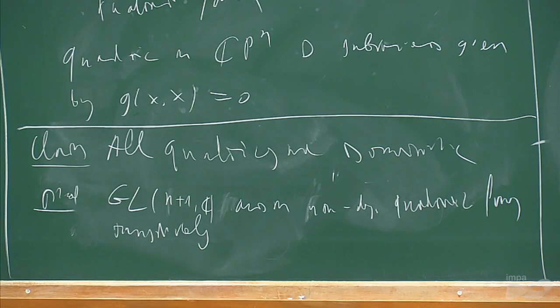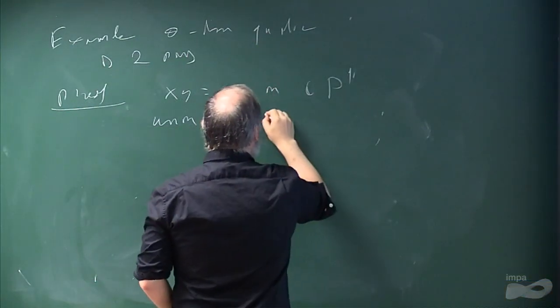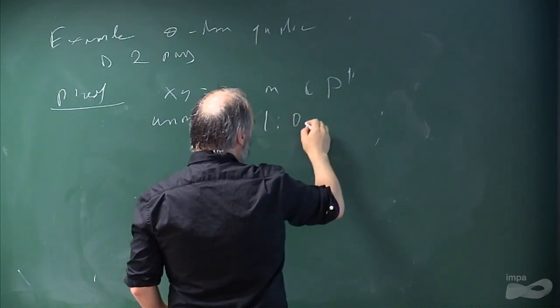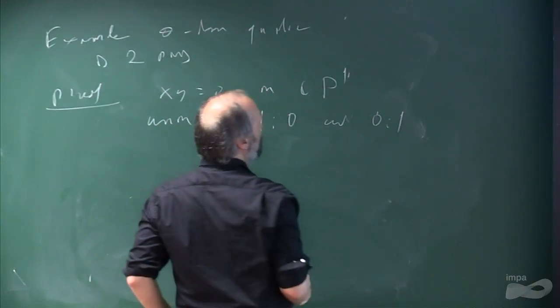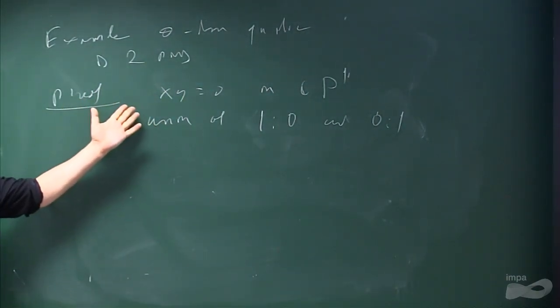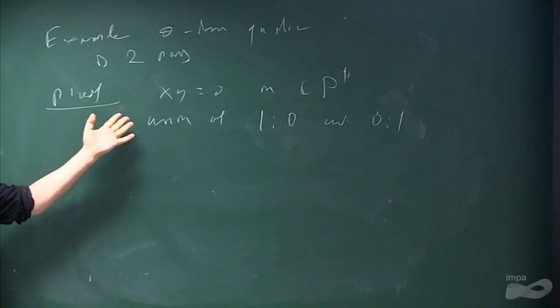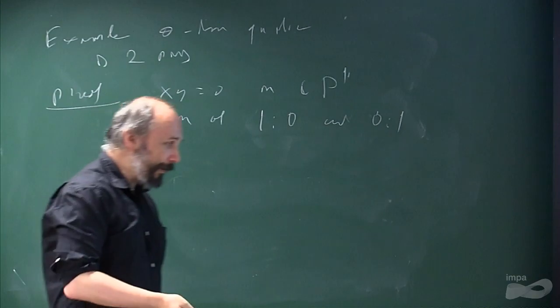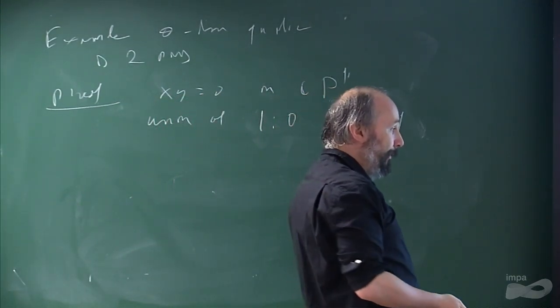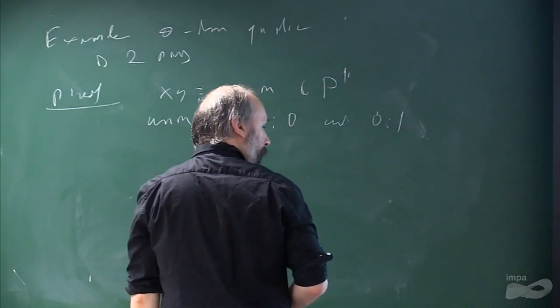This is the union of x equals 0 and y equals 0, so it's the union of the points (1:0) and (0:1). Clear, right? And this quadric is non-degenerate. Of course, you can take another quadric, but all quadrics are equivalent, so it doesn't matter which one we take.